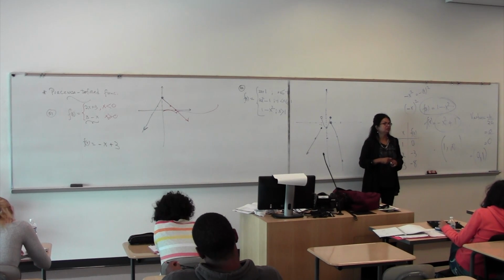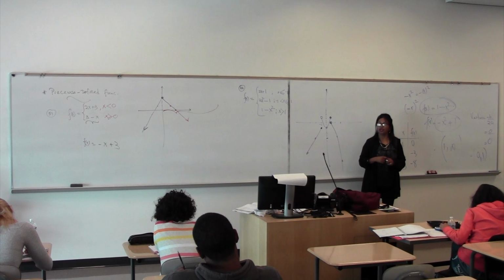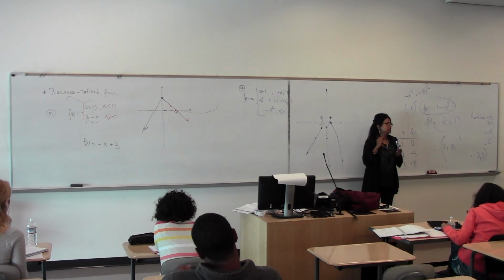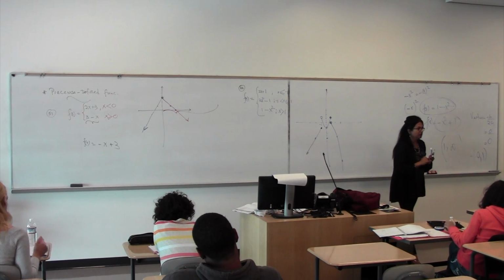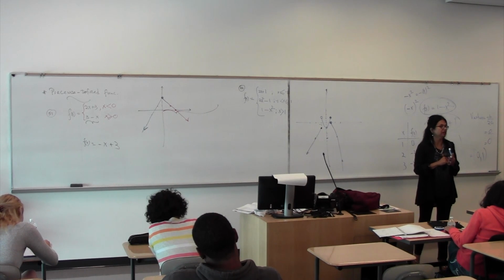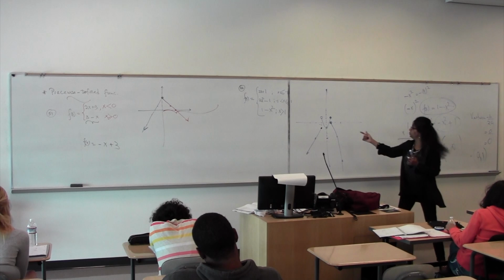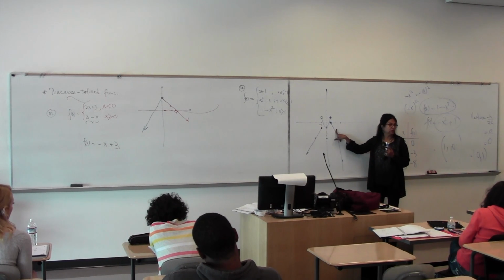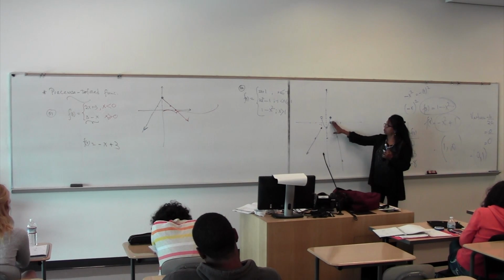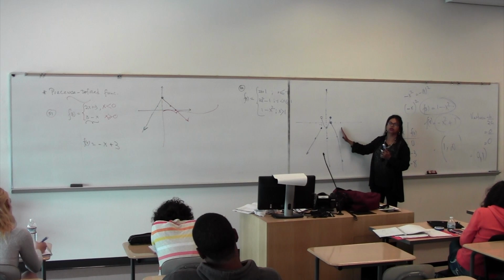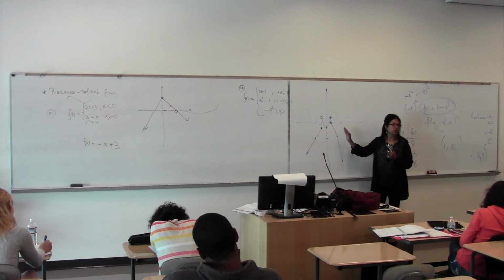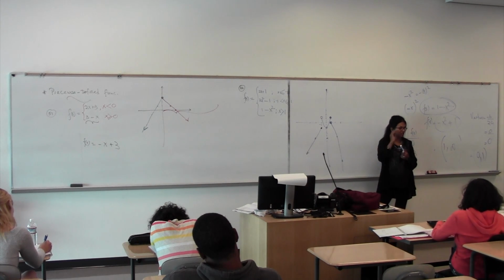Everybody understand this? A lot of work, guys, but focus on this, okay? You can do it. All you have to do is consider the restricted domain. See, I didn't have to use the vertex here. I can't use the vertex because for this rule, the vertex is using a domain value that we are not supposed to use.